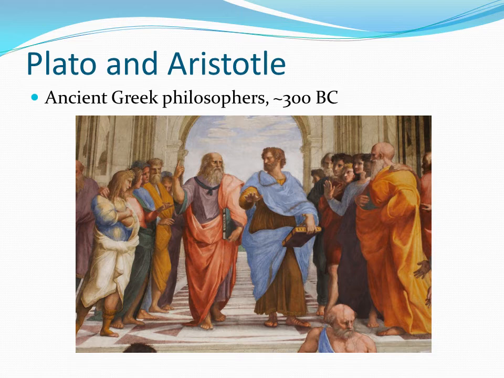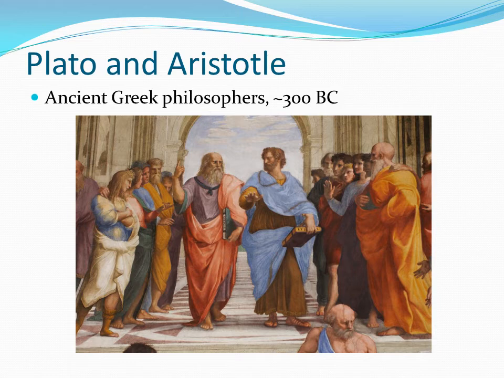Now we jump back to 300 BC, and this is the time of the ancient Greek philosophers. And two of the most famous of these philosophers are Plato and Aristotle. And this is a small section of a famous painting of Plato and Aristotle.